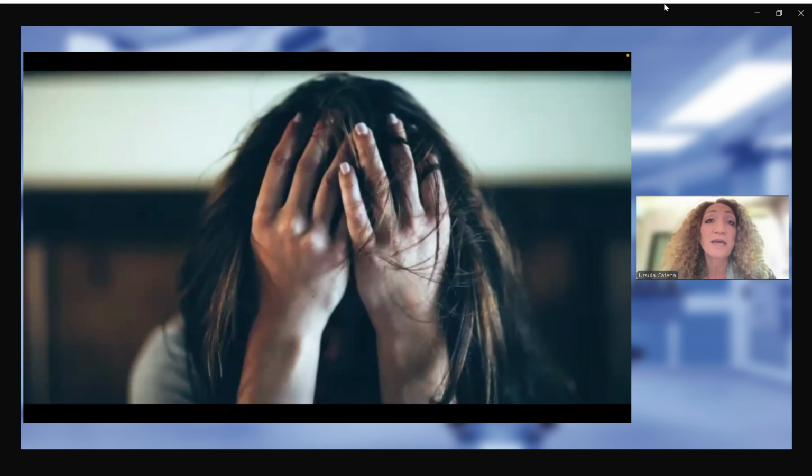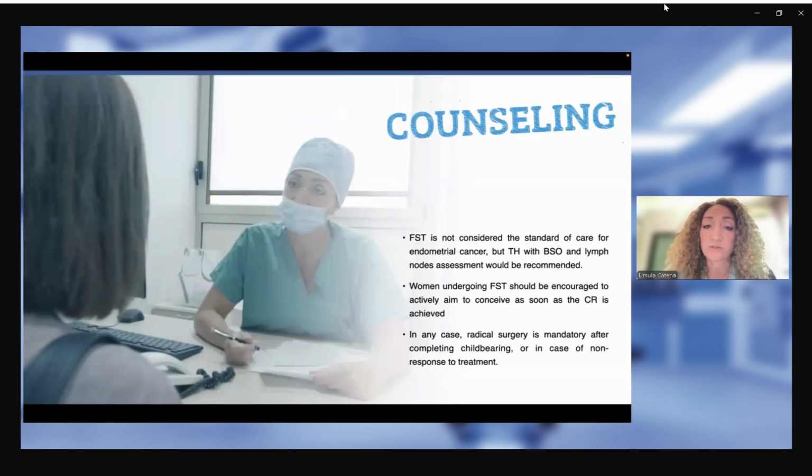In this case, we have to face a very bad situation because we have in front of us a patient who is infertile, a couple that does not succeed in conceiving, and we also have to tell this patient and this couple that this lady has an endometrial cancer, and we have to manage it in such a way.